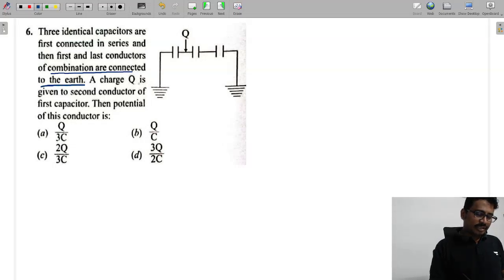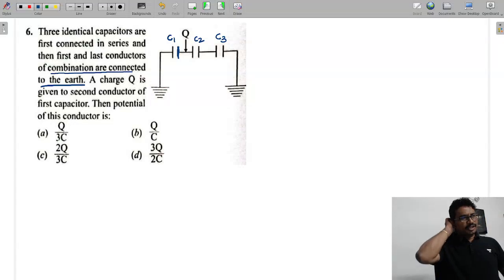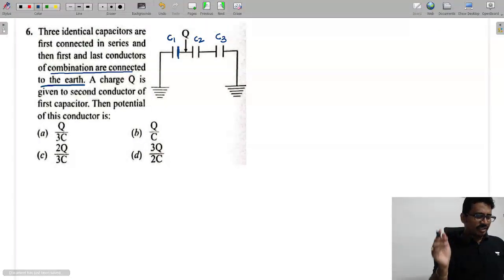A charge Q is given to the second conductor of the first capacitor. Then they ask us to find the potential of this capacitor. This is C1, this is C2. Of course, all the capacitance values are equal.